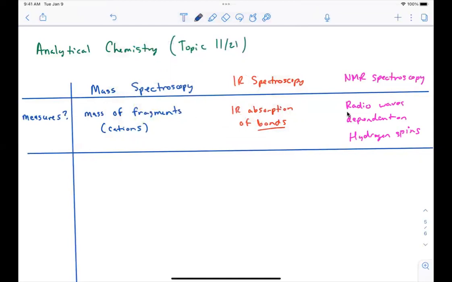I'm kind of using buzzwords in here because these are the buzzwords that should trigger you to go, okay, IR spectroscopy is IR bond absorption. Radio waves should always be associated with NMR. Mass is always mass spectroscopy. They are significantly different in that case. Oh, dependent on hydrogen spins. Let me clean that up a little bit.